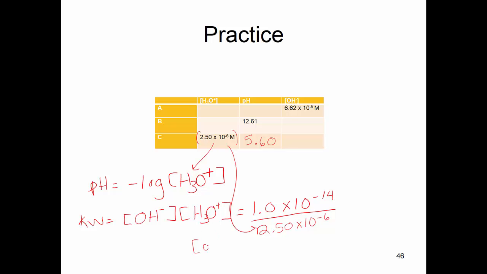You just divide Kw by the concentration that you know, and you get 4.0 times 10 to the negative 9.